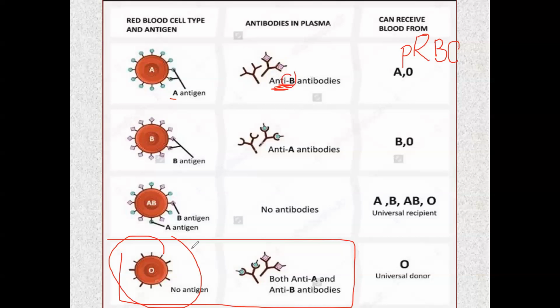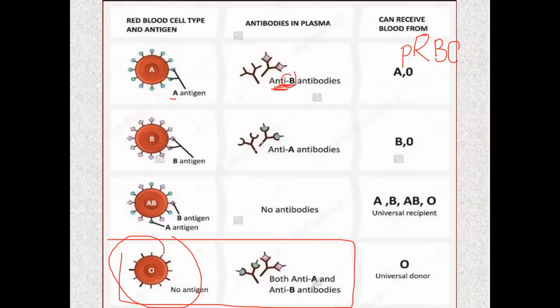Kasi wala naman talagang O antigen. Tinatawag lang siyang O to signify the absence of A and B antigen. Okay? So, ganun siya, class, no? So, si blood type O pwedeng ma-receive ni blood type A. Okay? Kasi, wala siyang antigen na present.